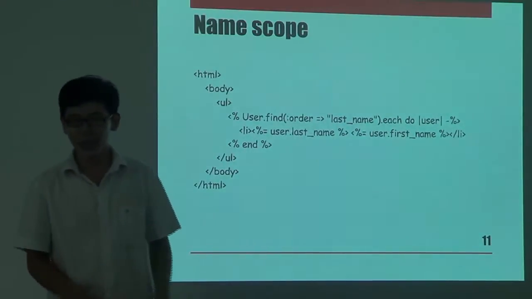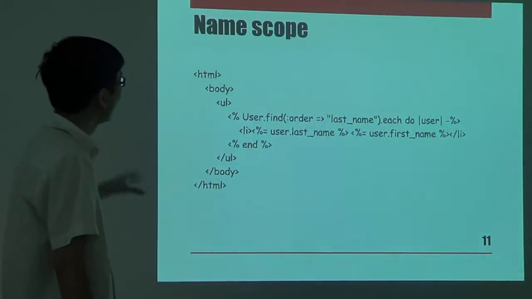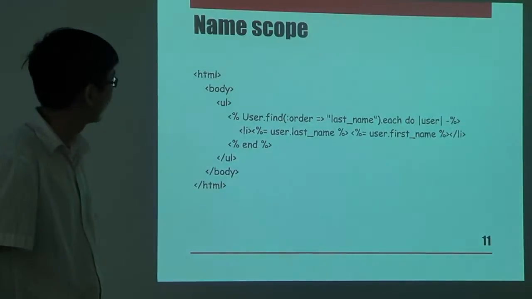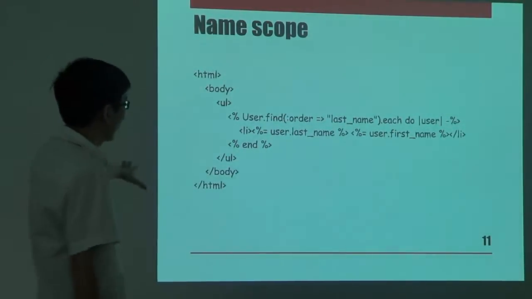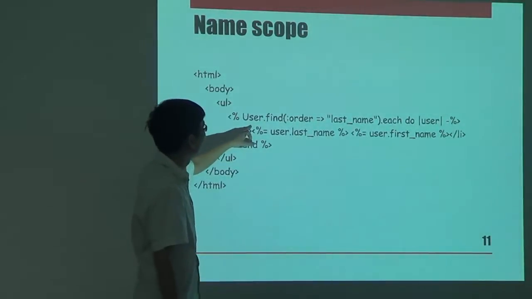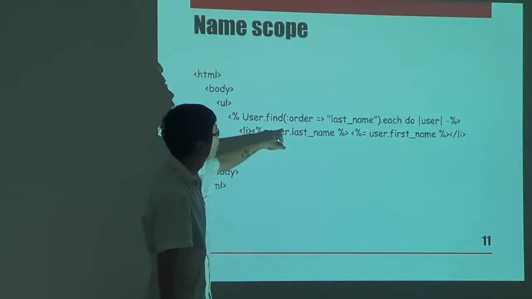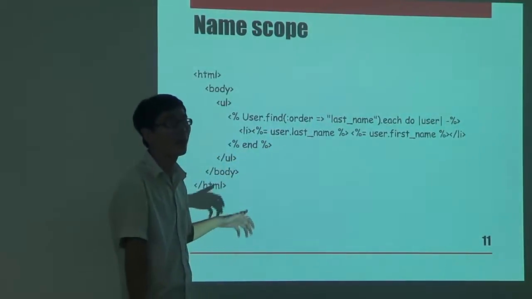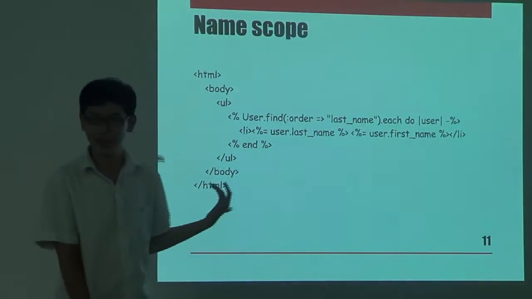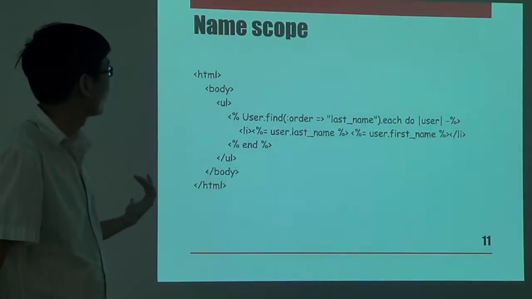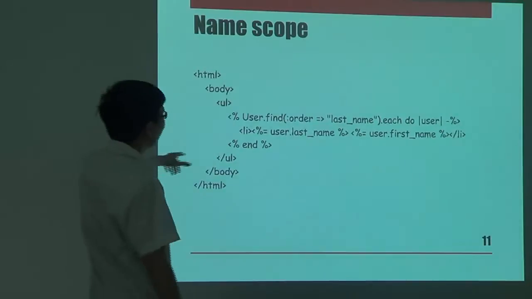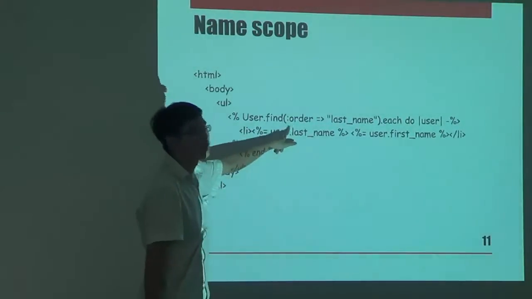So in Rails, when we are dealing with these situations, like in this example, we have User.find order last name, which finds the users ordering by their last name. So the first idea is we can move this statement to the controller.